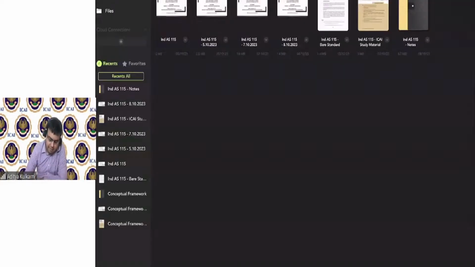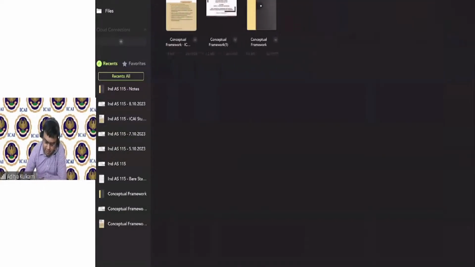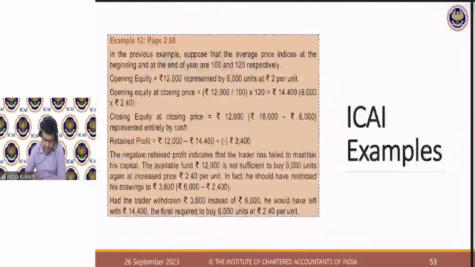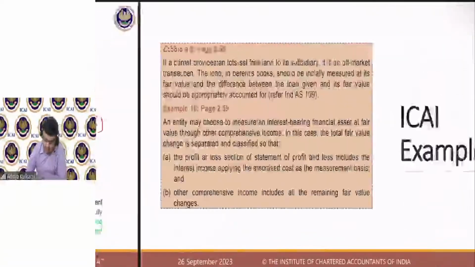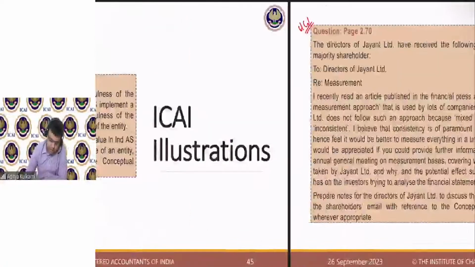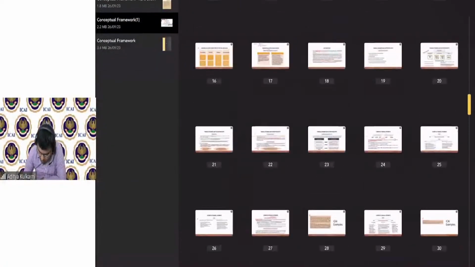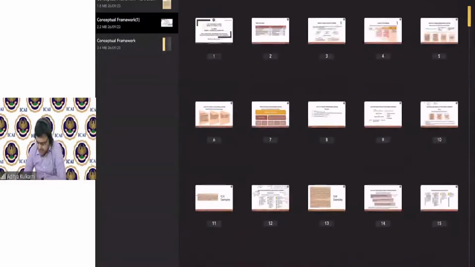Let me open up that presentation so that you can refresh your memories. In the conceptual framework, what are the fundamental characteristics and what are the enhancing characteristics of financial statements?